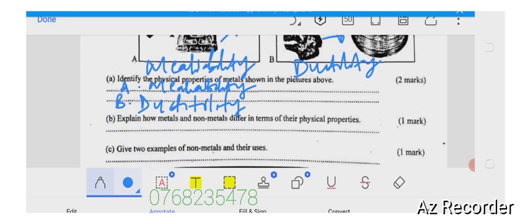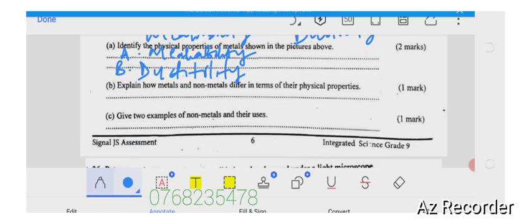Explain how metals and non-metals differ in terms of physical properties. So generally metals are hard, resistant to corrosion, and strong as compared to non-metals.